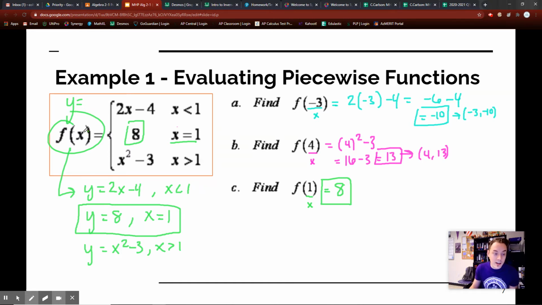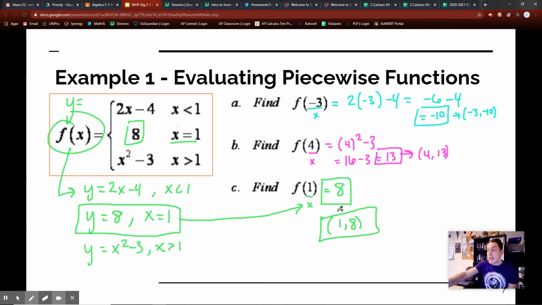So this right here, f of x, is y. Now watch. When I go back and say, okay, well, y equals 8, where x equals 1. Is that the same thing? Yes, because when I have y equals 8 and x equals 1, what I have is a point. That's literally a point.